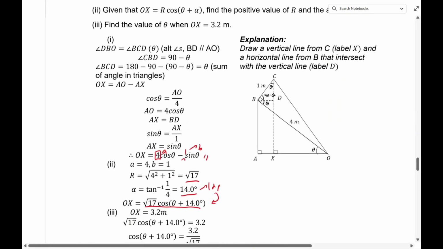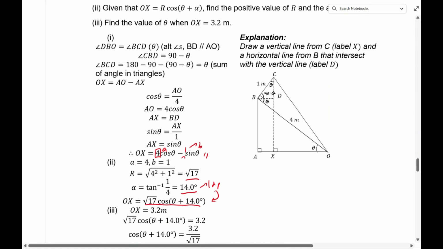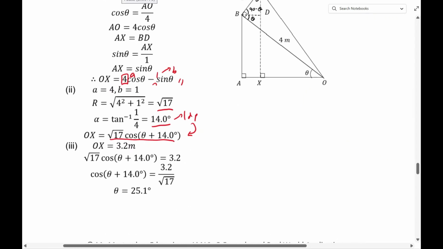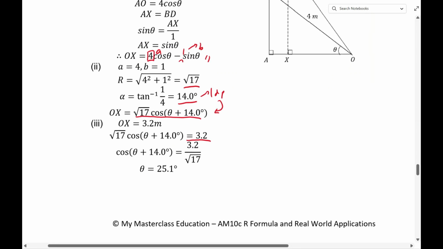Now part 3. Find the value of theta when OX equals 3.2 meters. Firstly, we'll let our OX expression in the R formula form equate to 3.2. Then we'll shift the root 17 over by dividing it on both sides, and then you'll get cosine of (theta plus 14) equals 3.2 over root 17.